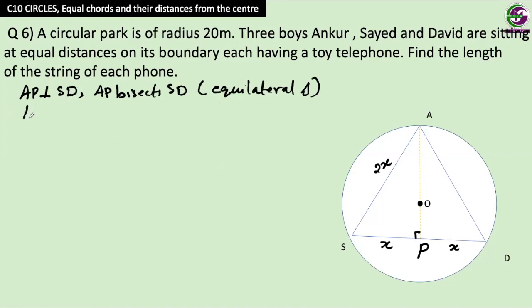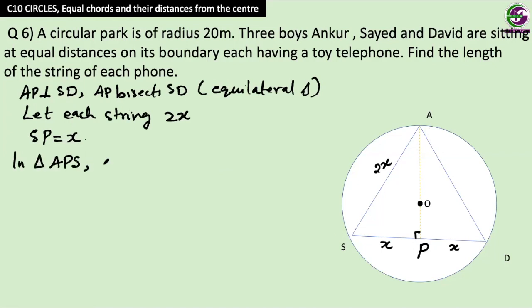So let each string be 2x. Then SP is equal to x. In the triangle APS, it is a right triangle. So we can see that AP square plus SP, which is x square, is equal to 2x the whole square.